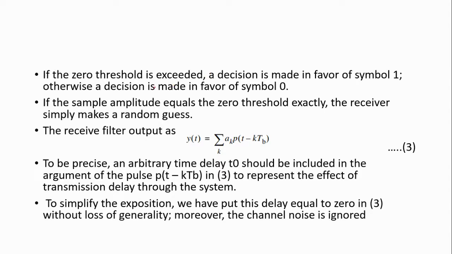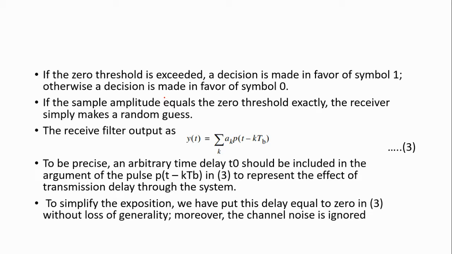If the sample does not exceed the zero threshold, then the decision is in favor of symbol 0. And if the sample amplitude is equal to the zero threshold, then the receiver simply makes a random guess.